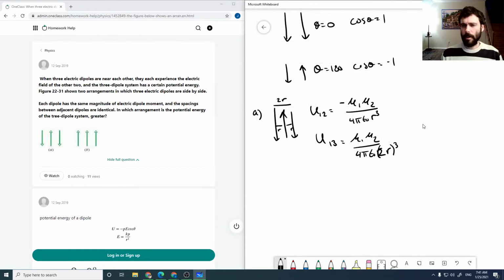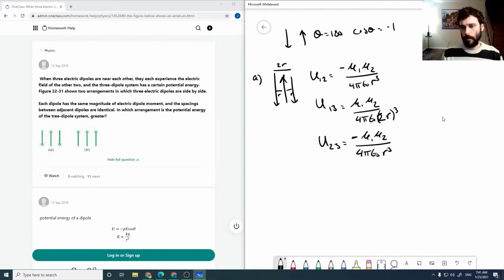And U23 would be minus mu1, mu2 over 4 pi epsilon naught r cubed. So our total would be, there's two of these negatives, and then this positive value.